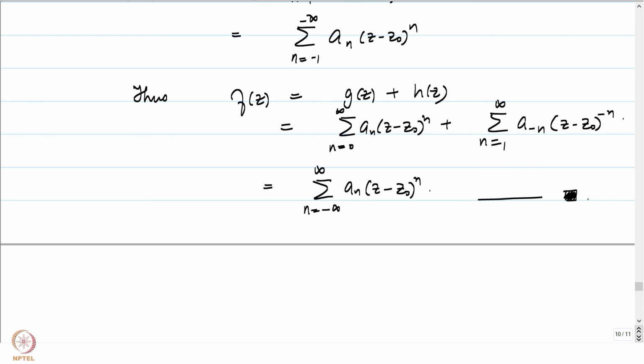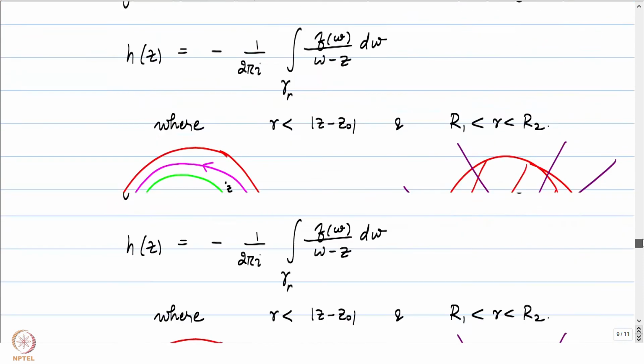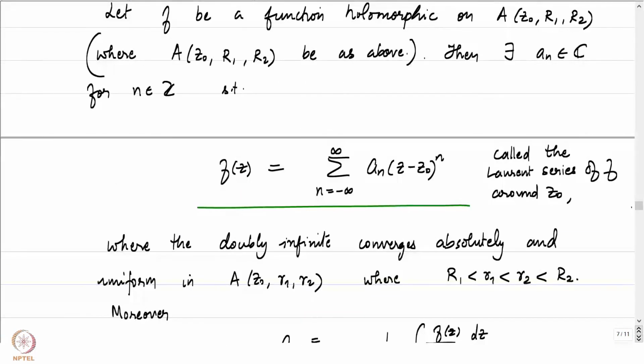So let's go back. It was a long proof. Let's go back and check what we have proved. What we have effectively established is that when f is a function which is defined and holomorphic in an annulus of r1, r2 radii, then we can write the function f as the Laurent series expansion given by summation a_n z minus z0 to the power n, where the indices are now from n equal to minus infinity to infinity.